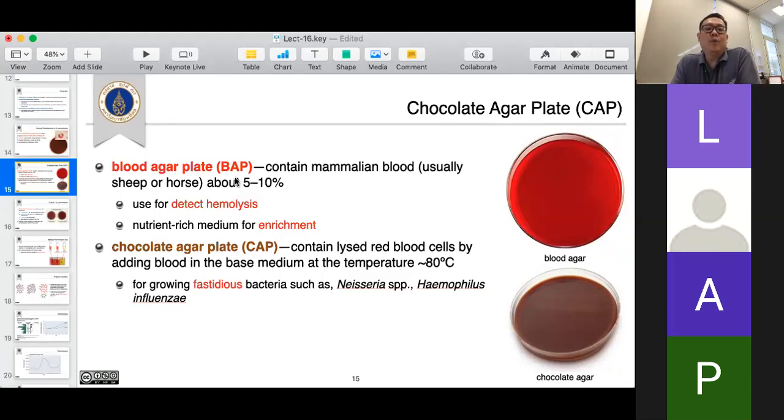Blood agar we use to detect hemolysis. It is a nutrient-rich medium. Chocolate agar is also, but heated at 80 degrees Celsius, and it's good for fastidious bacteria such as Neisseria and Haemophilus. The color is kind of chocolate. Actually, it's heated blood.